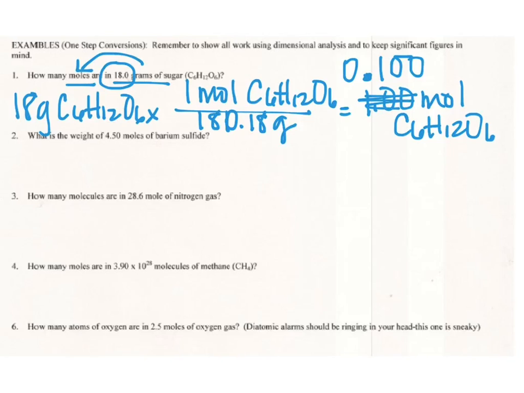All right, the next one, we have the 4.5 moles of barium sulfide. And if I put something down wrong, yes, please correct me. Our formula for barium sulfide is BaS, and we're going from moles to mass.